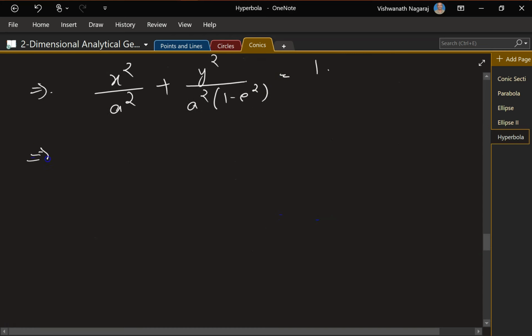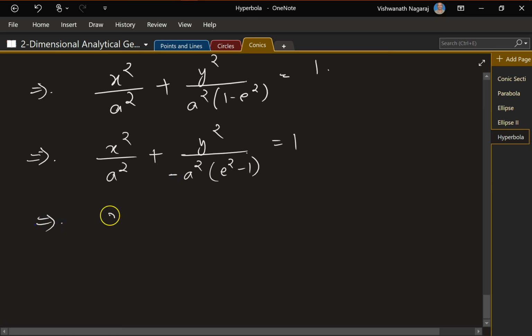Now to make it very similar to the equation of the ellipse, because in the case of an ellipse, the denominator is not a square 1 minus e square. In an ellipse it is e square minus 1, right? We can convert this into that only if we take the minus out.